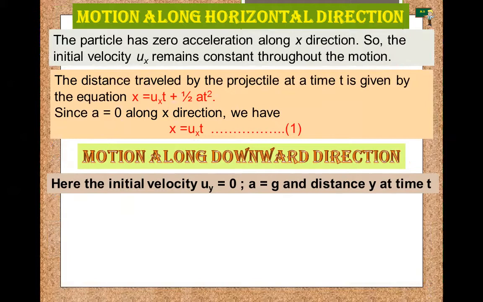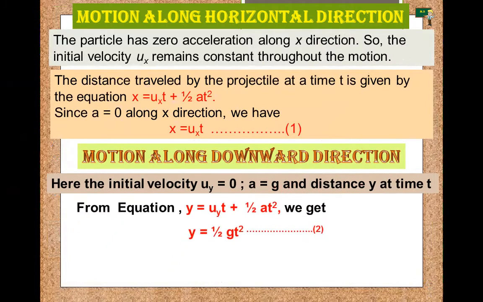So here the initial velocity in the downward direction uy is equal to 0 and a is equal to g, that means the acceleration is due to the gravity of the earth. The distance y at time t, from the equation y equals uyt plus 1/2 at square, where uy is equal to 0 so we neglect it, is y equals 1/2 gt square.